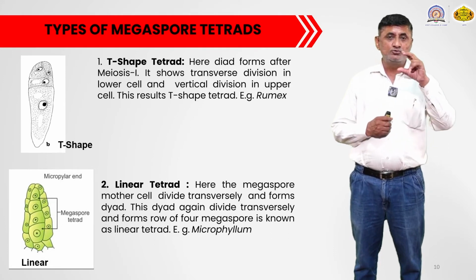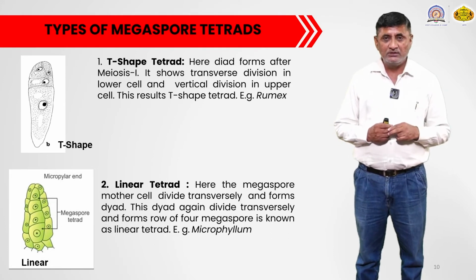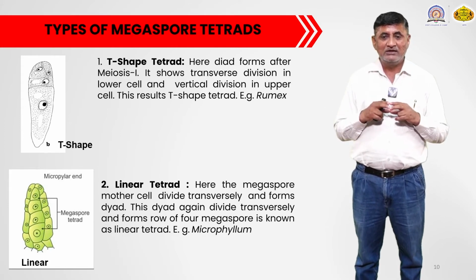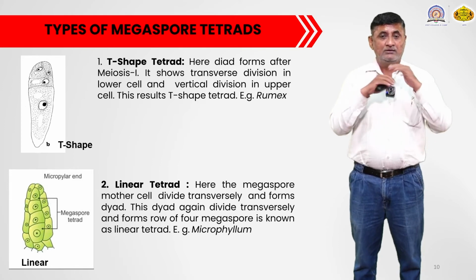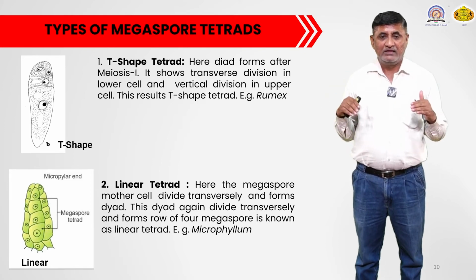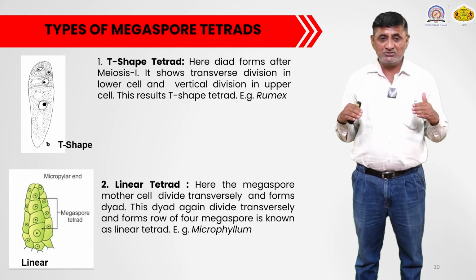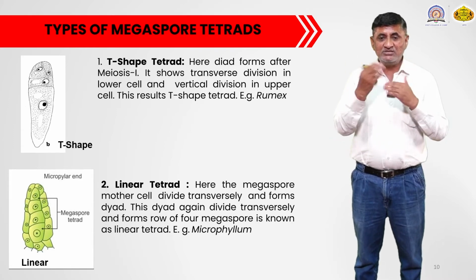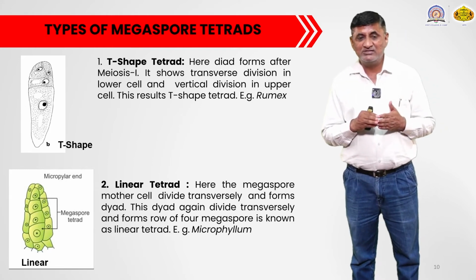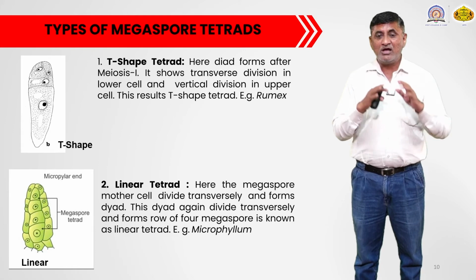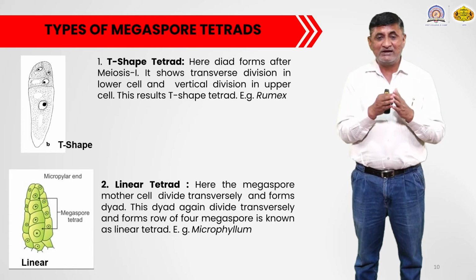So, dyad means a 2-cell structure is developed, and from that, the upper cell shows vertical cell division, and the lower cell shows transverse cell division. Because of these two different kinds of cell division, a T-shaped structure appears, and all 4 megaspores are arranged in a T manner.